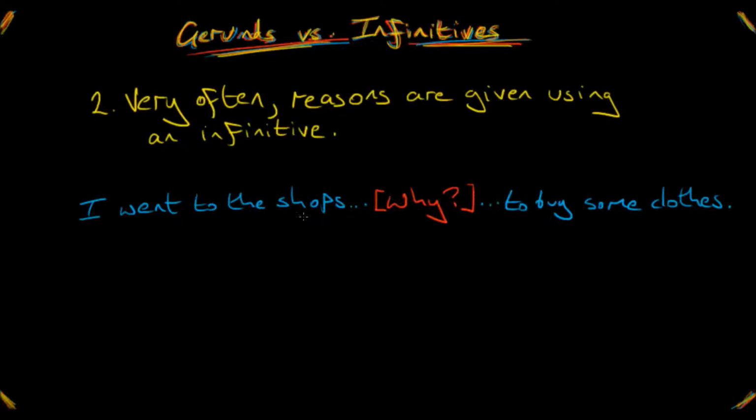Let's take a look at another example and you can complete it for yourself. He spoke to me. Why? I'll give you a moment to think up, to complete that sentence in any way you choose. But here's my completion of it. So we're going to continue with an infinitive so we can give the reason.